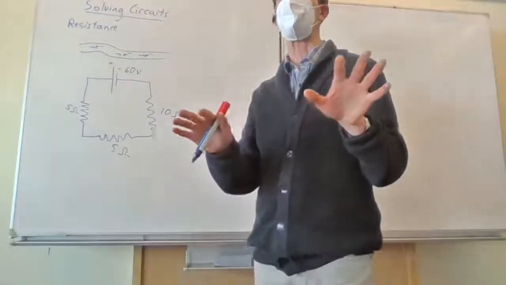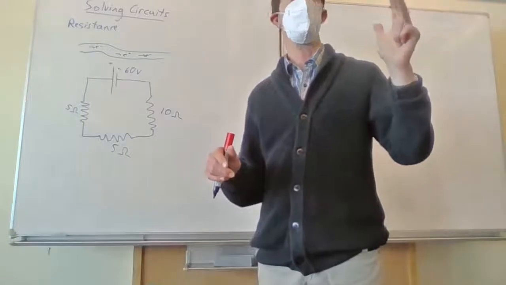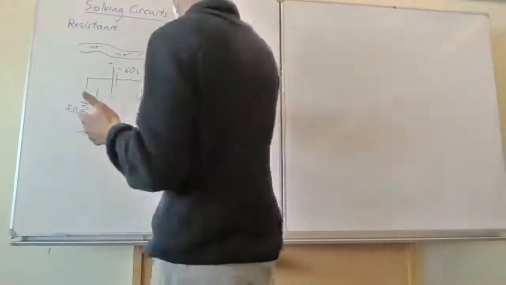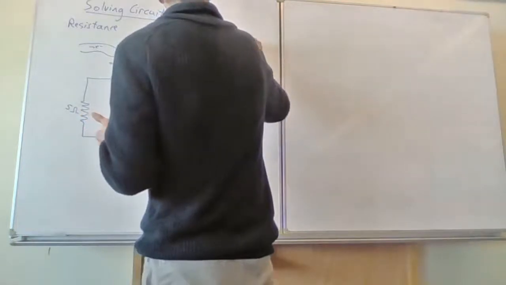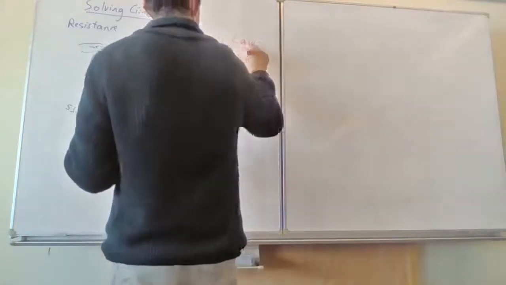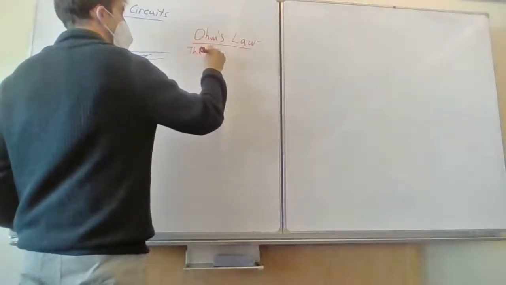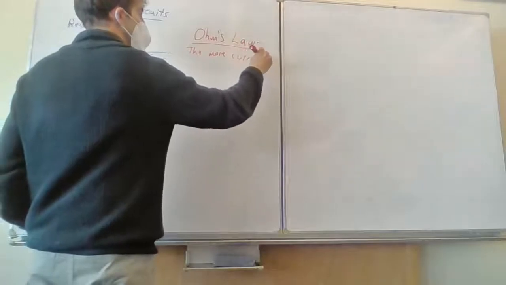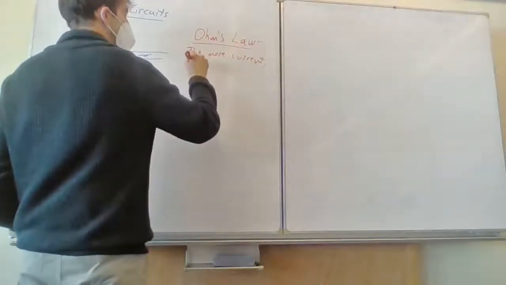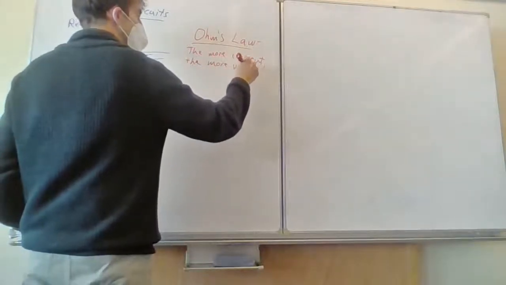There's a relation between the 3 things: current, voltage, and resistance. It's called Ohm's law. So I better write that first. Ohm's law, which says the more current, the more voltage.